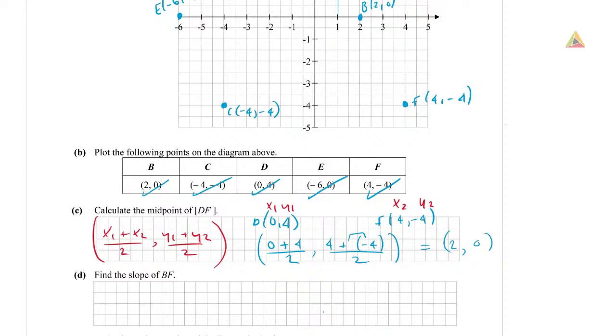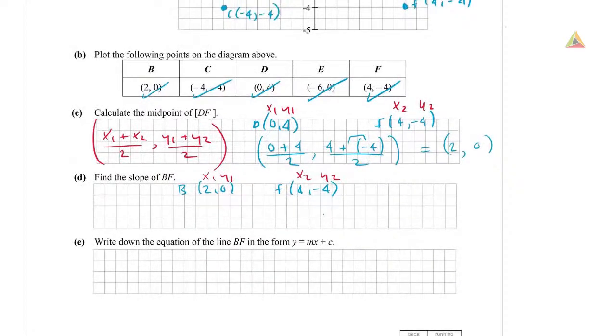Okay, the slope of BF. So the point B is 2 and 0, and the point F is 4, minus 4. I got it right that time. So x1, y1, x2, y2. The formula you need for slope is m. So m is slope. M is equal to y2 minus y1 over x2 minus x1.